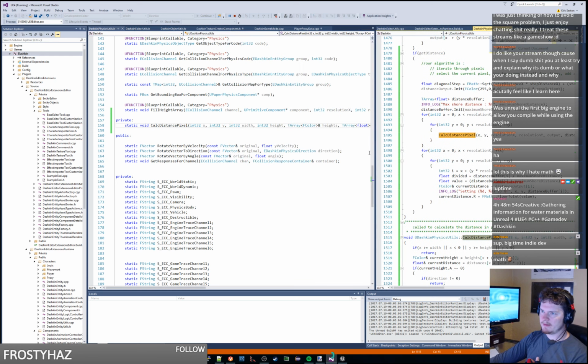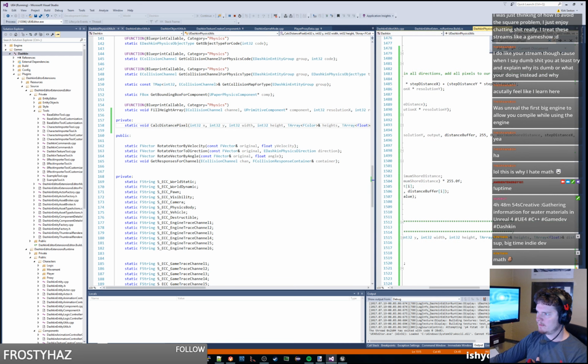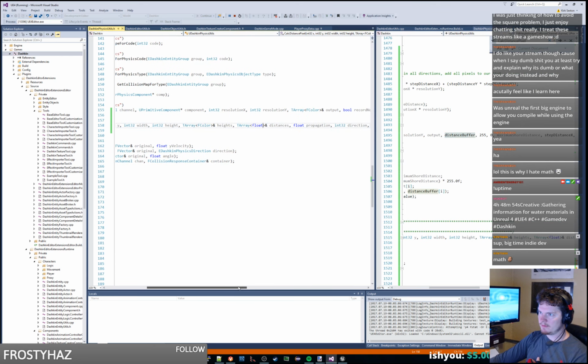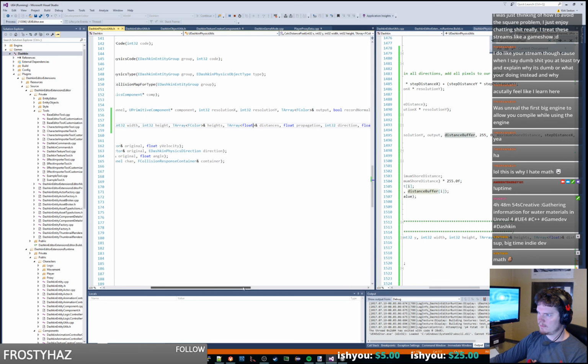Alright, what is that? It's x, y, res x. Where's this distance buffer? And then something's right after it. Propagation, 255? Why is that 255? Shouldn't it be 0?